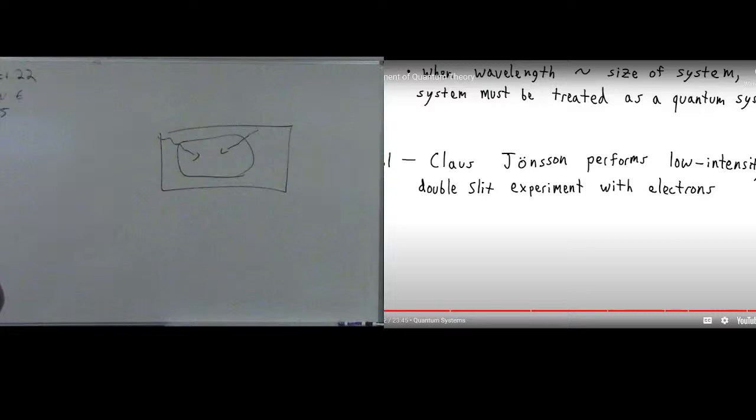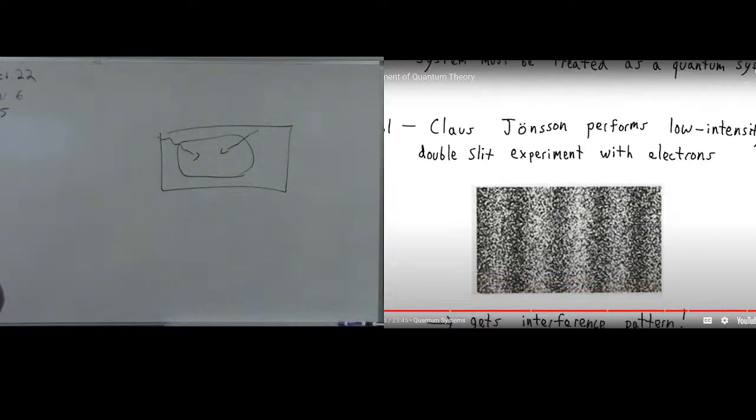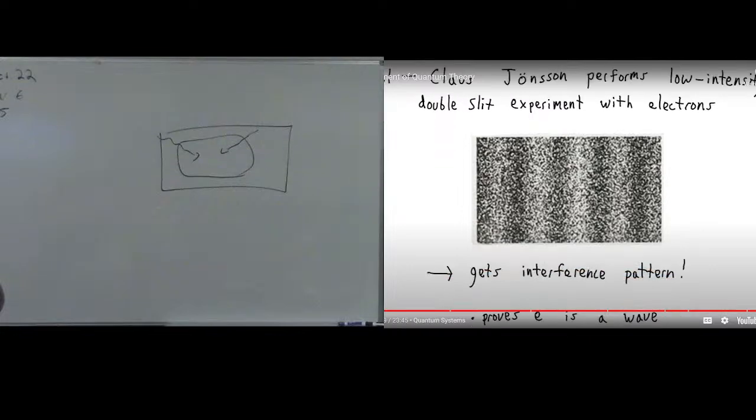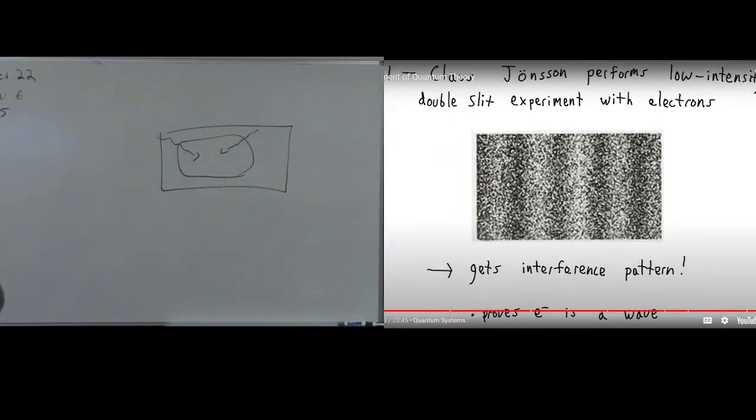And what he finds is that you do get an interference pattern, which means the electron is behaving as a wave, passing through both slits at the same time, and then its two wave aspects interfere with each other, and then we get this probability buildup, where we have high intensity regions and low intensity regions, confirming that it is in fact a wave.